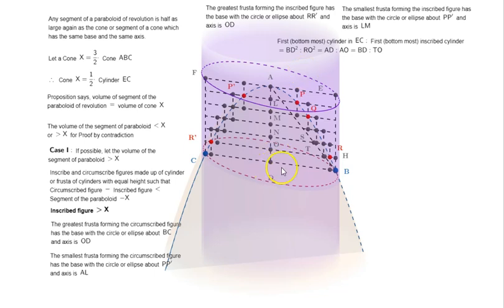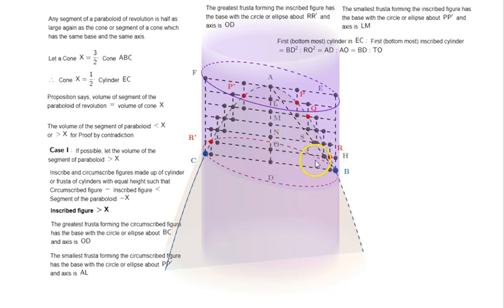So that is BD square is to RO square. That would in turn be proportional to AD is to AO. That is, the bases are proportional to their heights, which in turn is equal to BD is to TO.